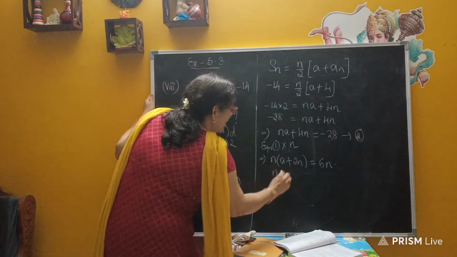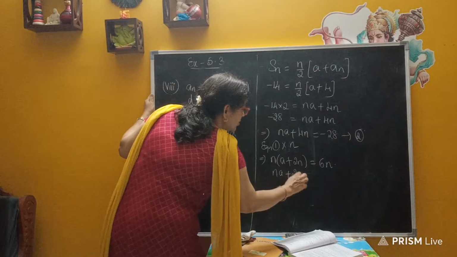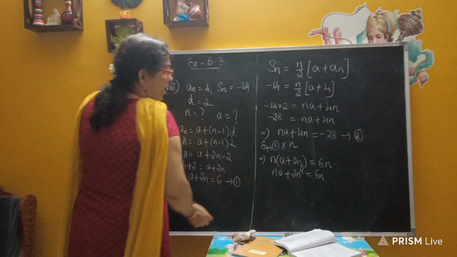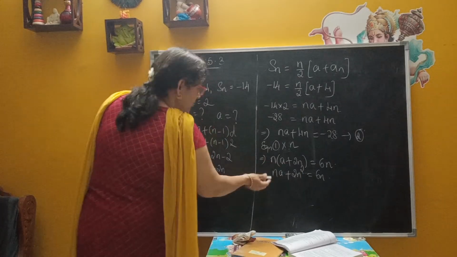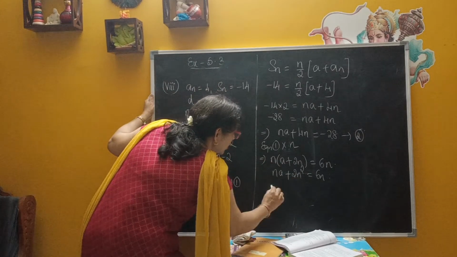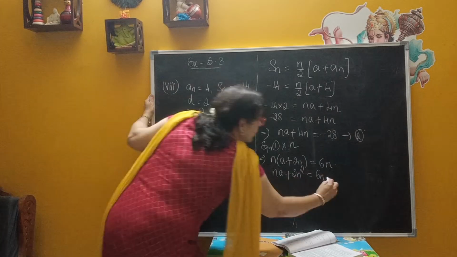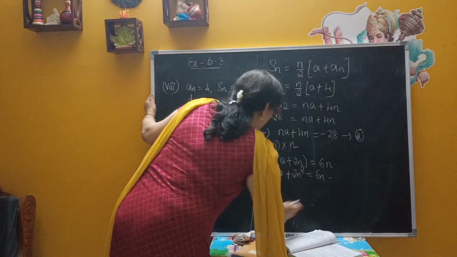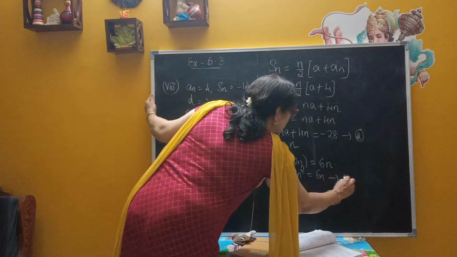So na plus 2n square is equal to 6n. So this is equation 3.